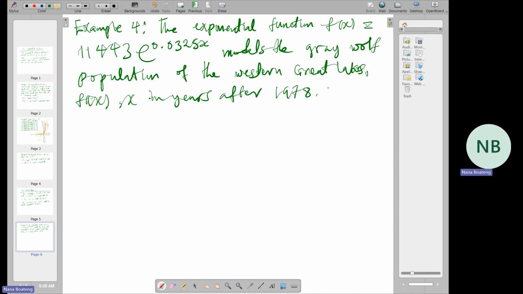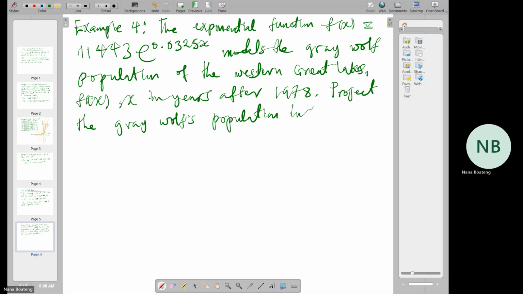And now our question is, project the gray wolf's population in the recovery area in 2014.